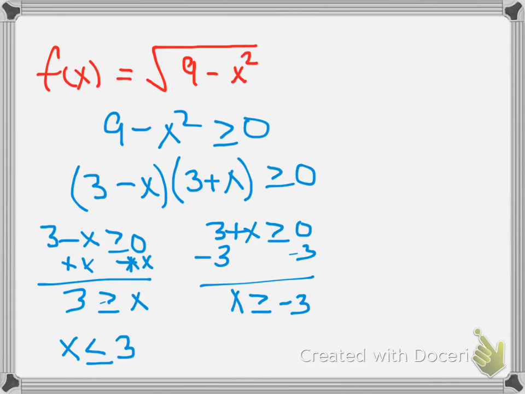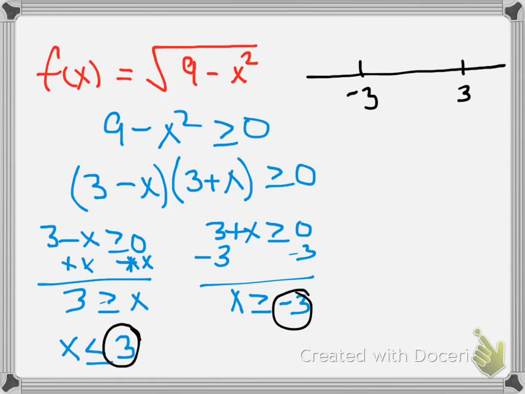So what I'm going to do now is I'm going to draw a quick little number line. This will come in handy. And label what we call our critical points. So the 3 and negative 3 are our critical points. So negative 3 and 3. What I'm going to do is create what's called a test point. Pick a number to the left of negative 3, say negative 4.